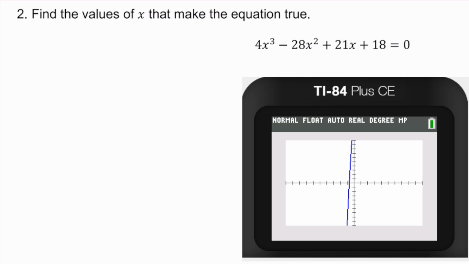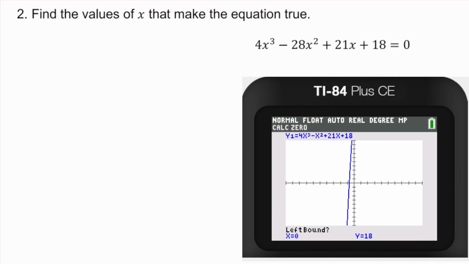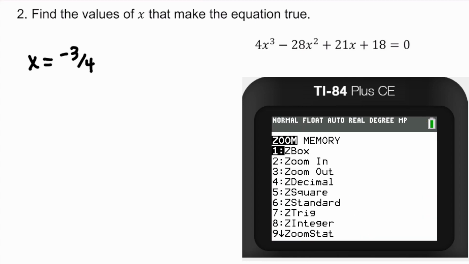Okay, so I'm going to start by calculating the first 0 that I can see, and that's between -1 and 0. I'll give it a guess, and I get -3/4. So x equals -3/4. And now I might zoom out.